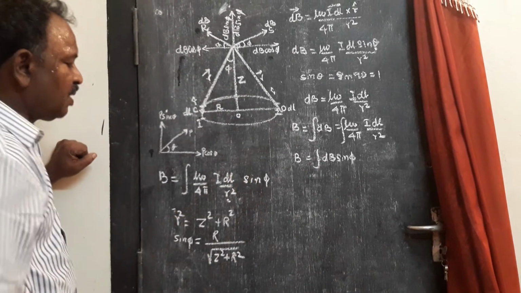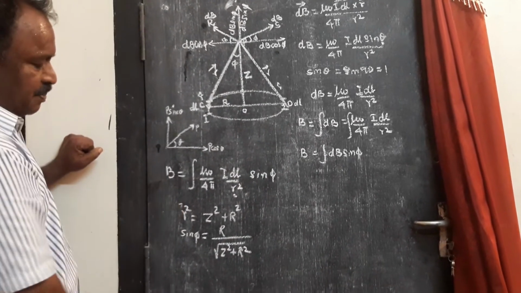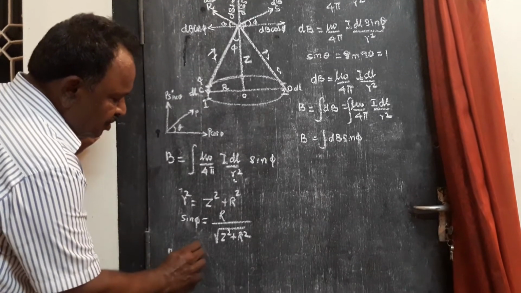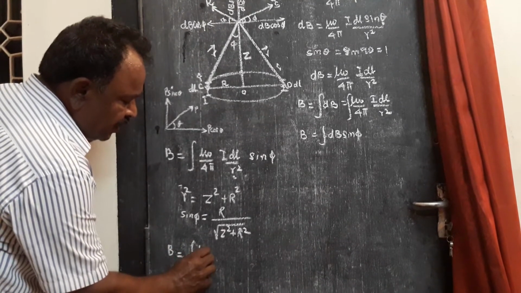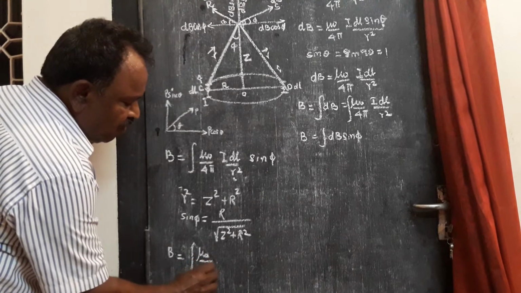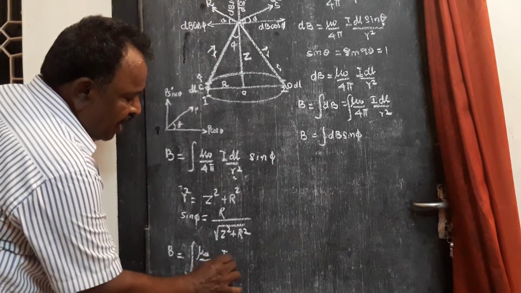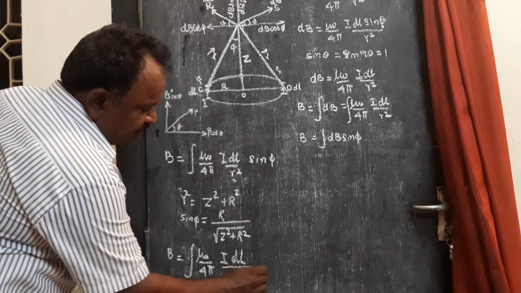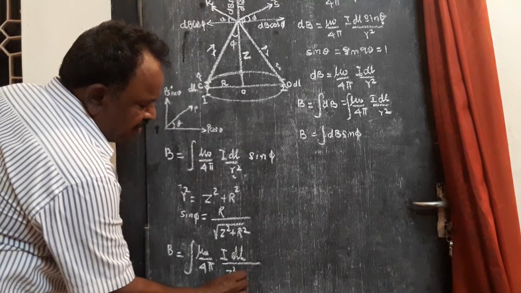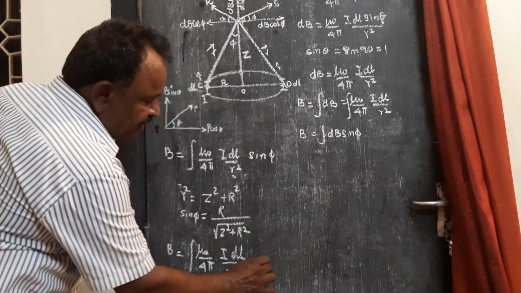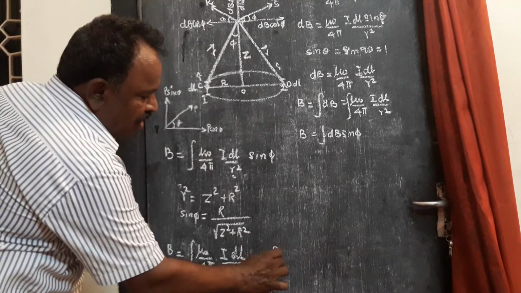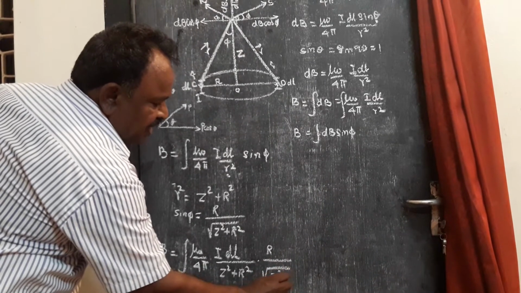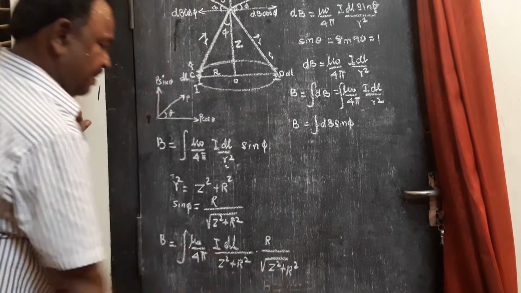Substituting these two values in this expression, we have B equal to integral of mu naught by 4 pi, I dl by z square plus R square, into R by square root of z square plus R square.